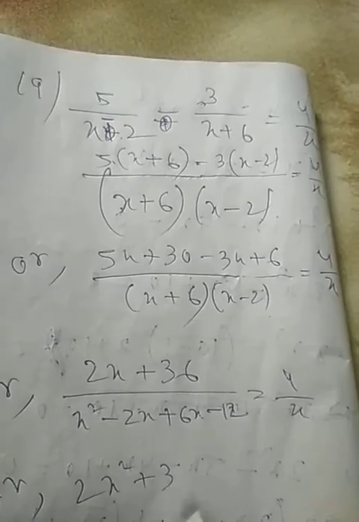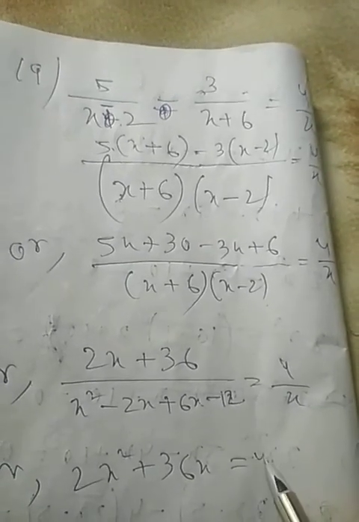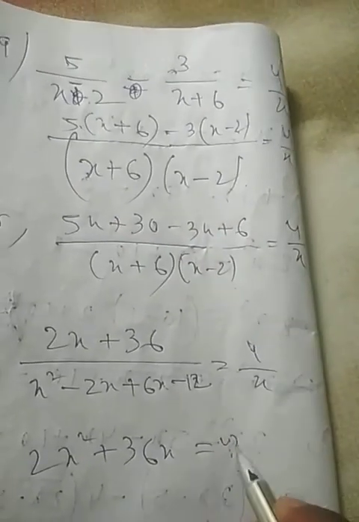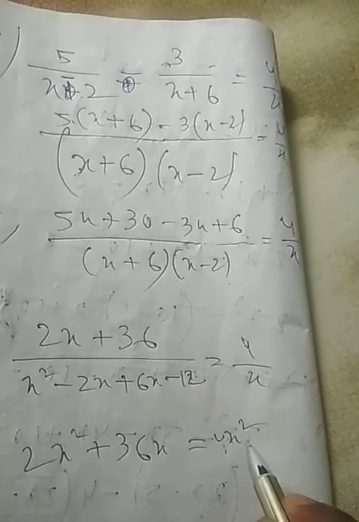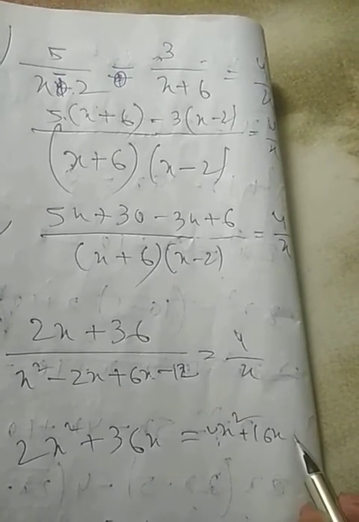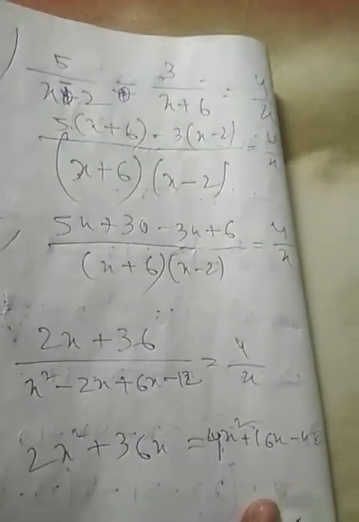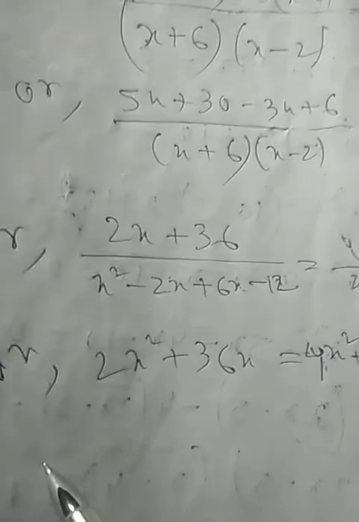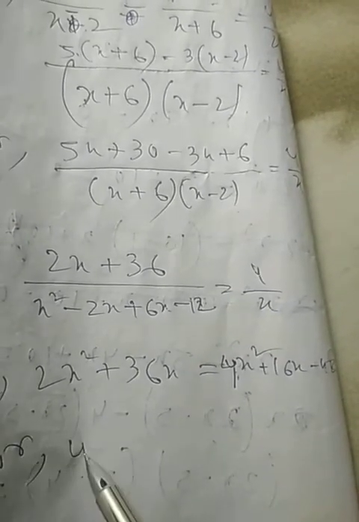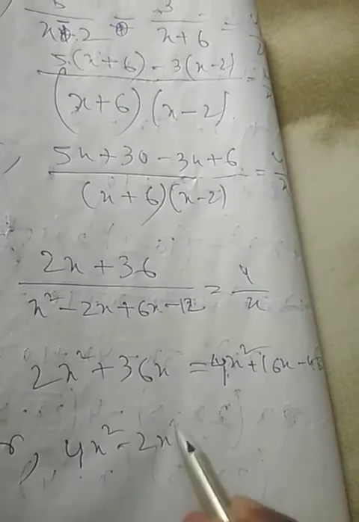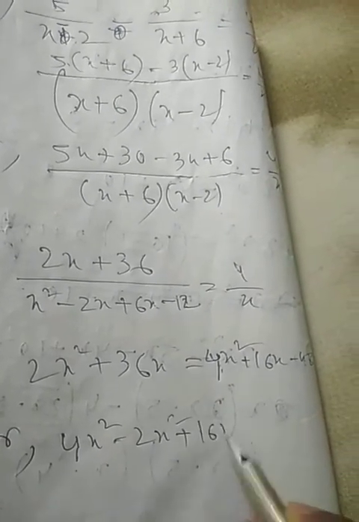Or I got 2x square plus 36x equal to 4x square plus 16x minus 48. Or I got 4x square minus 2x square plus 16x minus 36x minus 48 equal to 0.